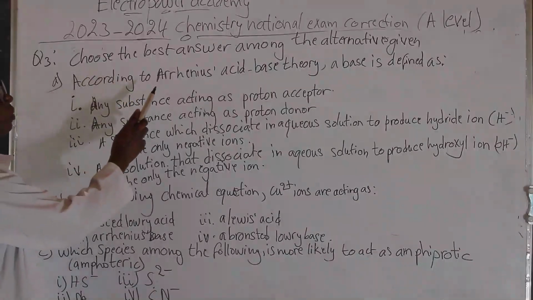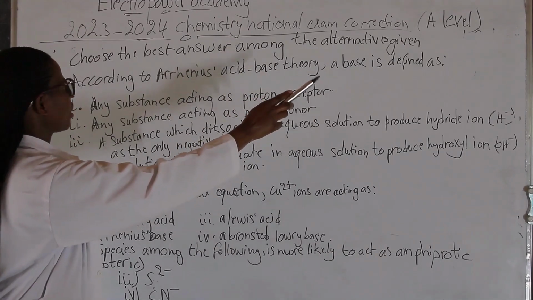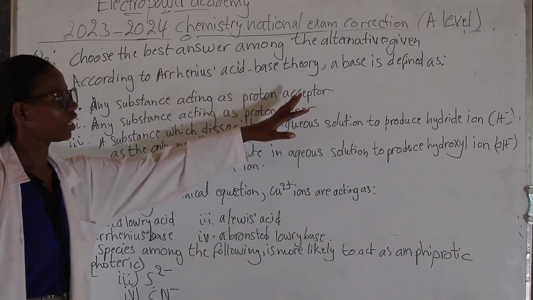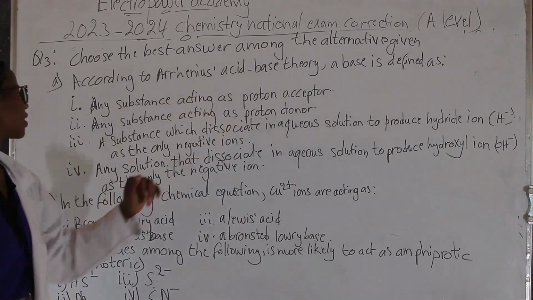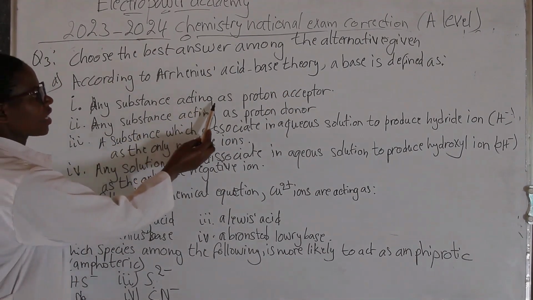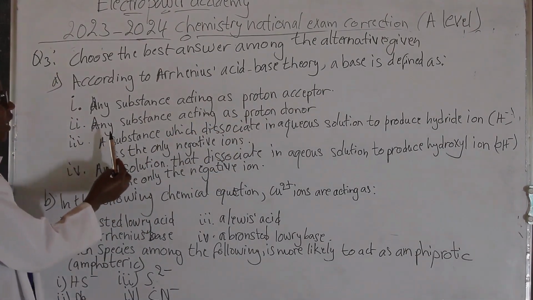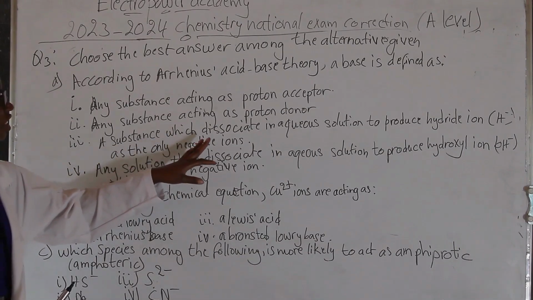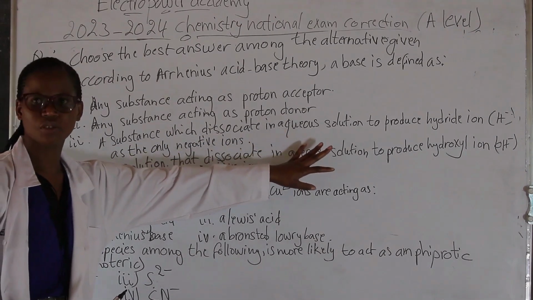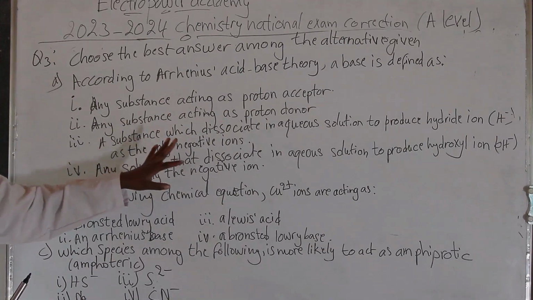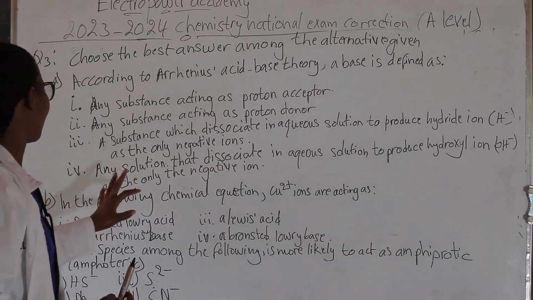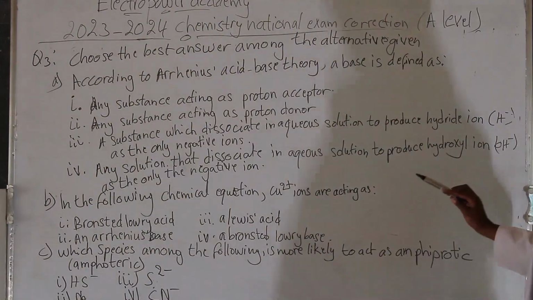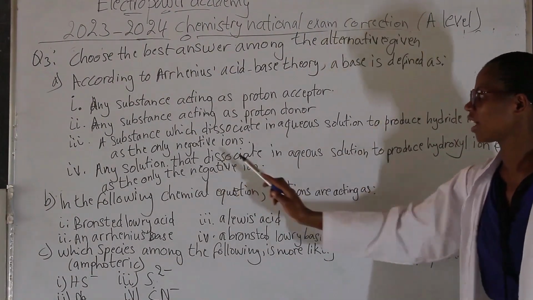This is question number 3. Choose the best answer among the alternatives given. A, according to Arrhenius, as the base theory, a base is defined as: I, any substance acting as proton acceptor; II, any substance acting as proton donor; III, any substance which dissociates in aqueous solution to produce hydride as the only negative ion; IV, any substance that dissociates in aqueous solution to produce hydroxide ion as the only negative ion.